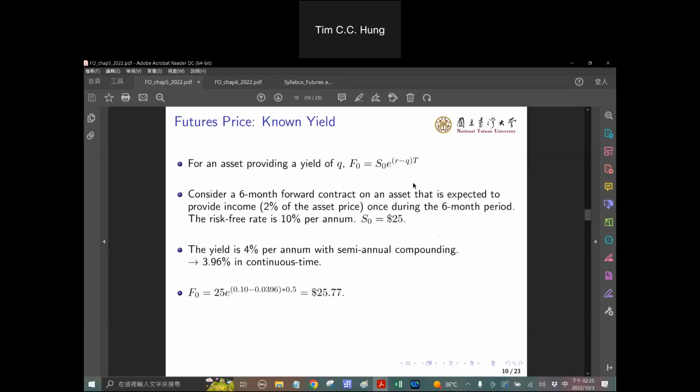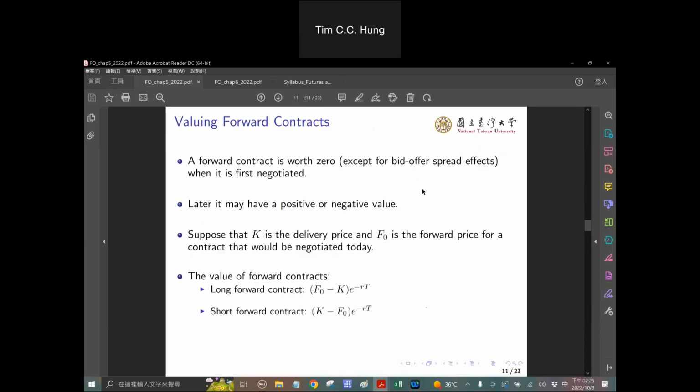Suppose it's a futures contract on a stock index, and we know there are some expectations on the dividend yield of the stock index. If we are given q, the dividend yield in continuously compounded terms, we just deal with it by treating it as a subtraction term from our interest rate. That's what we have been discussing.